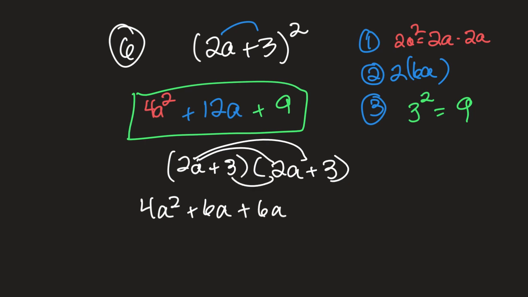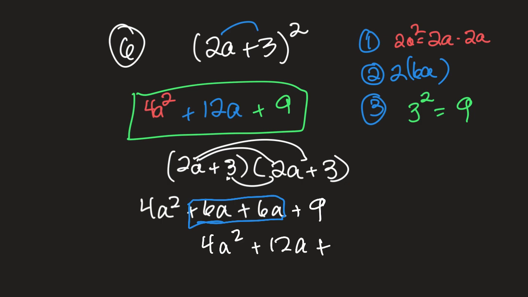Notice these two are the same, thus the shortcut, because it's a perfect trinomial square. And then your last, which is 3 times 3, plus 9. And then we can combine our middle. So we get the same answer, and it's 4a squared plus 12a plus 9.